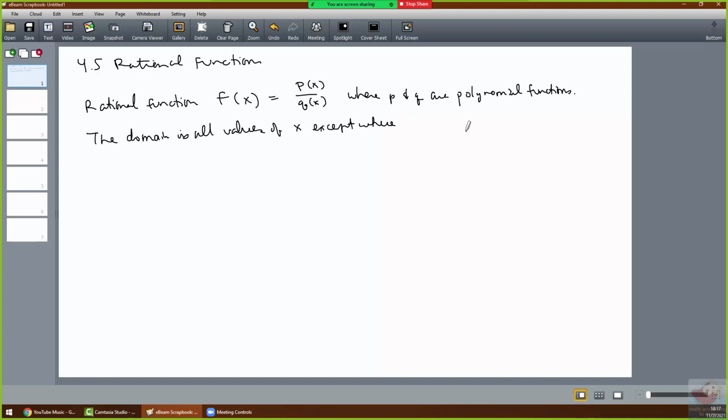The domain is all values of x except where q of x equals 0. So same stuff that we did day 1. We just now know the formal name is called a rational function when you have a polynomial over a polynomial.